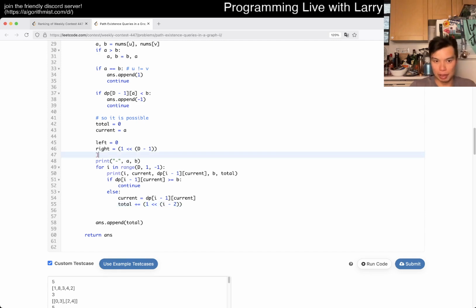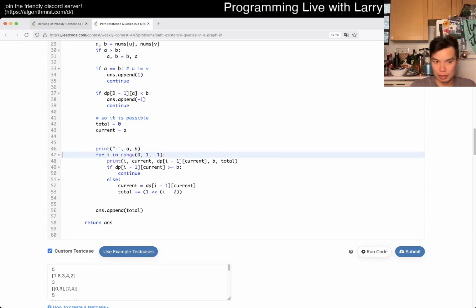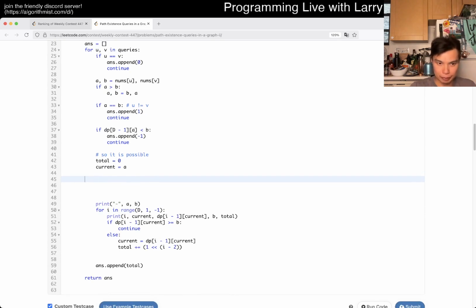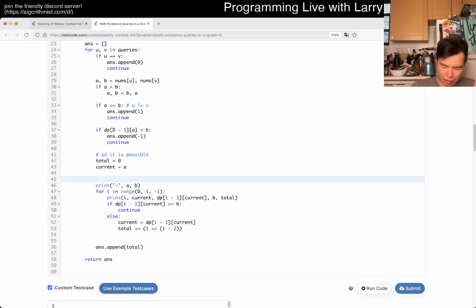Maybe I need to be a little bit dumber. This is really ugly, but maybe that's fine. Okay, I think the bounds is weird. That's why.